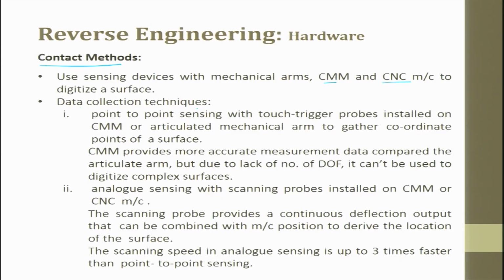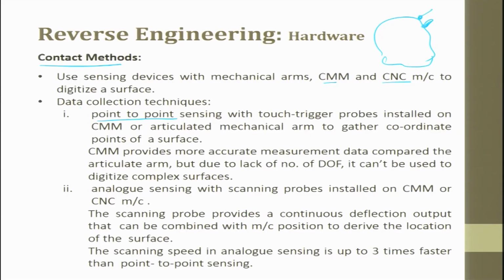The data collection technique is point to point sensing with a touch trigger probe installed on a CMM machine or articulated mechanical arm to gather coordinate points of a surface. This is what point to point sensing is. You touch the surface of a product or a part; you touch it at one point, then you move and touch it at another point.